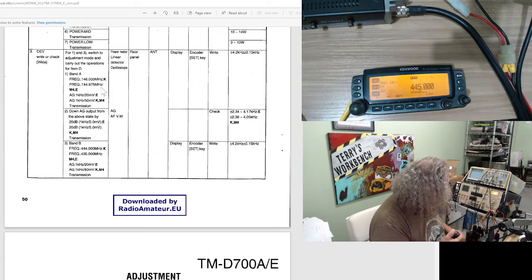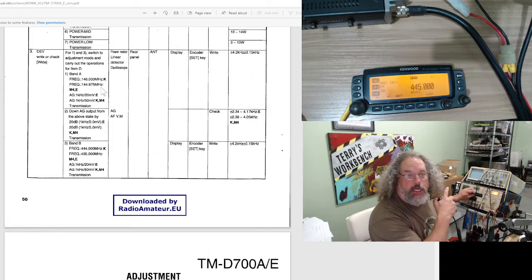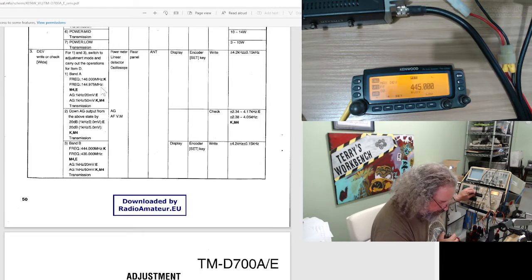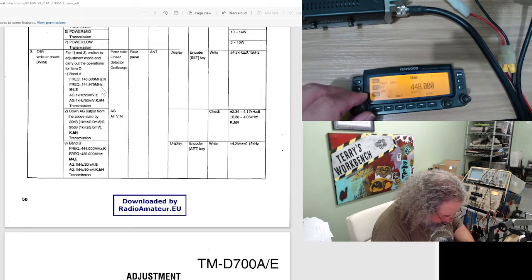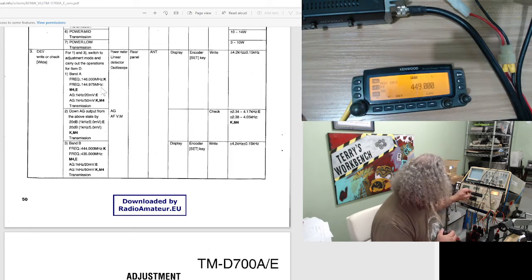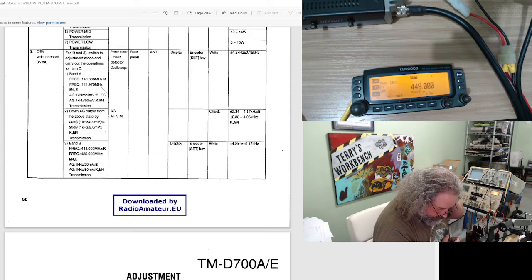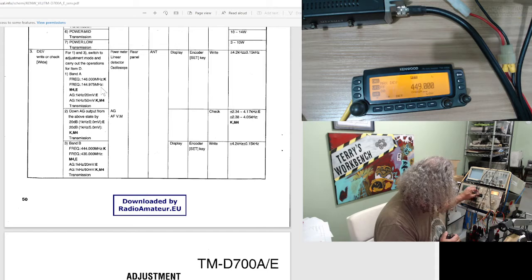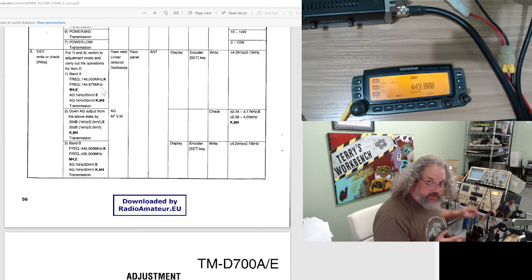Junk. Once is adjustment, twice is abuse.